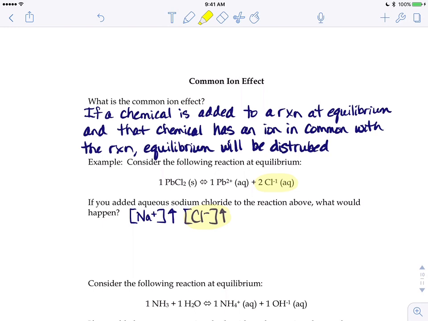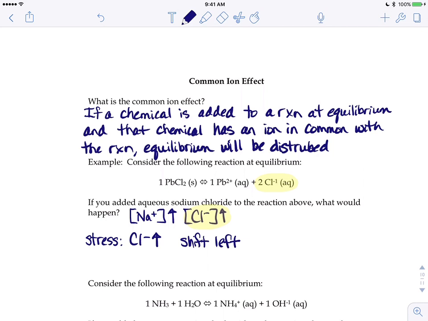And the reaction doesn't know that the chloride came from sodium chloride instead of lead chloride. It just knows that we have extra chloride in there. So our stress is that we make the chloride concentration go up. If we have extra chloride in there, we need to shift to the left to try and fix ourselves.